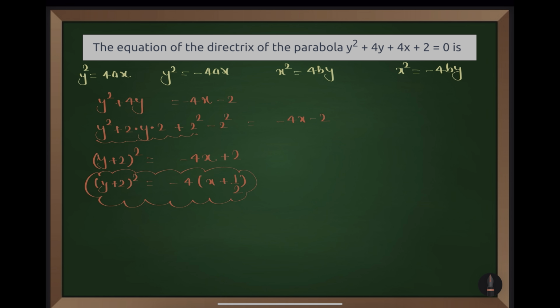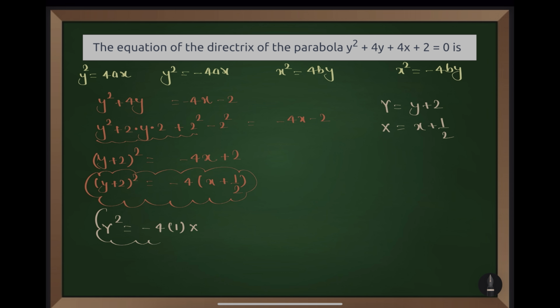Now can I assume y to be y plus 2, and x to be x plus 1 by 2? Okay, now let's write this. So y square equals minus 4, and in place of a, can I write 1?